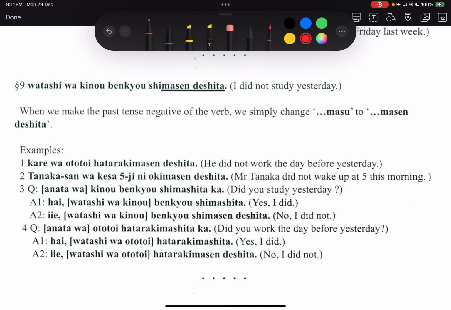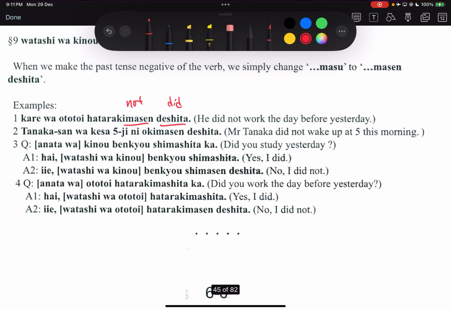Okay, example 1. 彼はおととい働きませんでした。Right? ません means not. Deshita means past tense. So ません means not. Deshita means did. So it becomes did not. Okay? Then number 3. 昨日勉強しましたか?